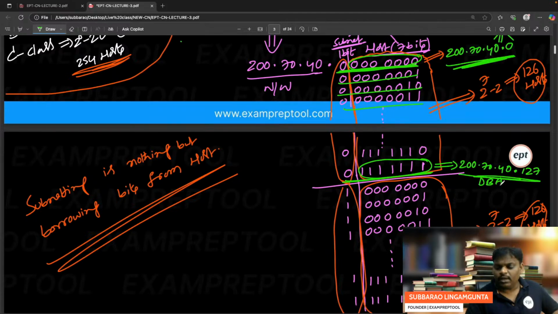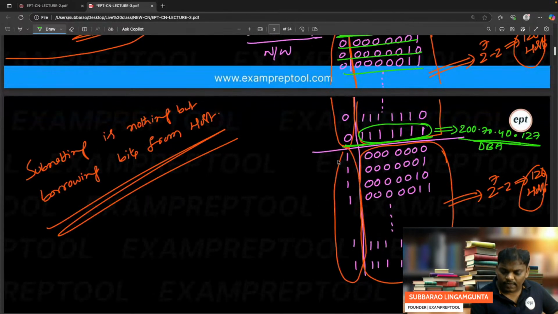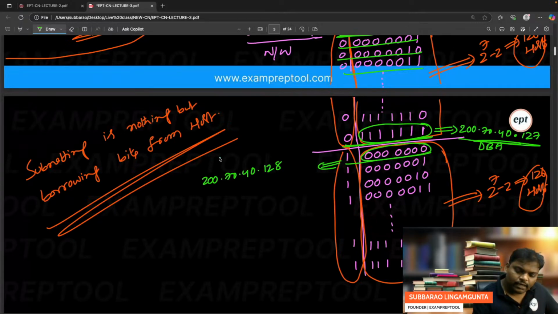In the similar way here also, lack of space I'm writing here. So the first IP is going to be 200.70.40, and if you observe clearly this number, which is 128. Remember, host part all zeros. This is also a subnet ID, the second subnet ID.